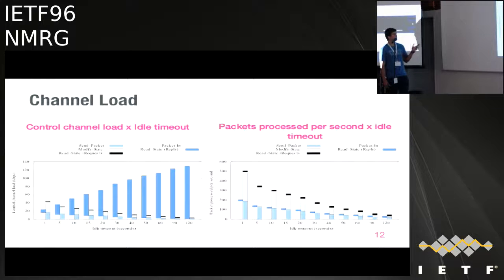The height of each bar represents the control channel load and the packets processed per second in both directions. So we can see that if we set the idle timeout to a lower value, we have more traffic related to the installation process.